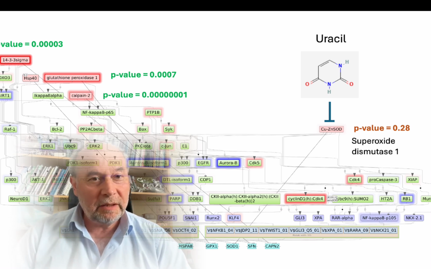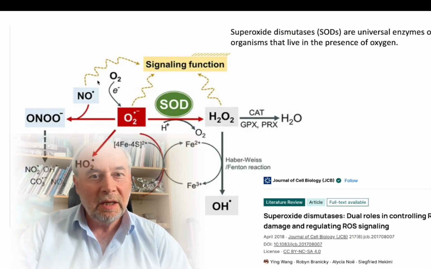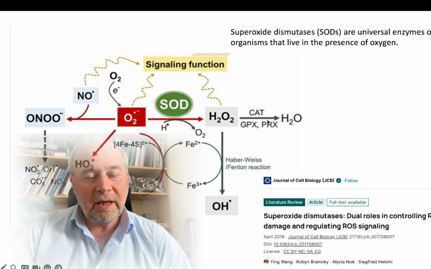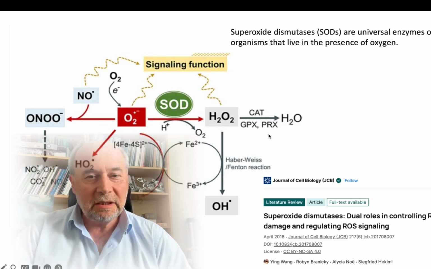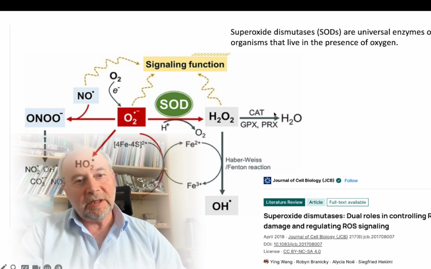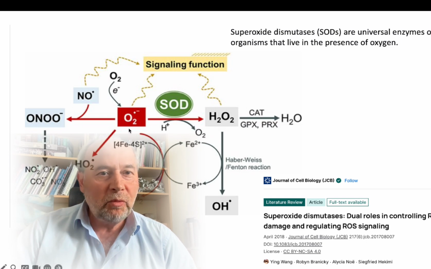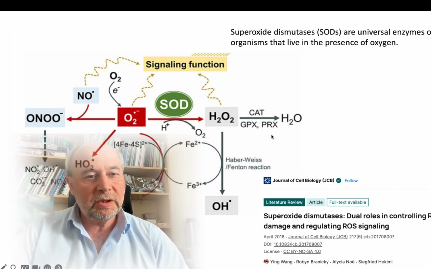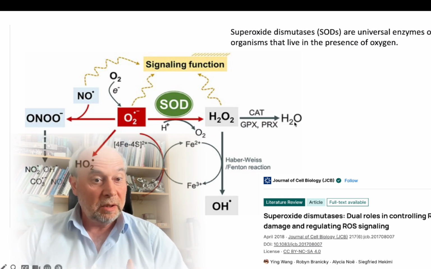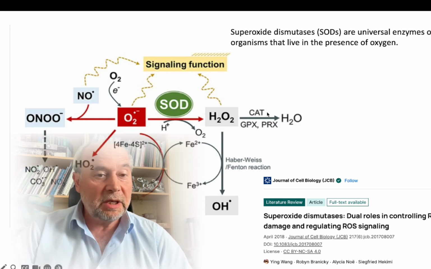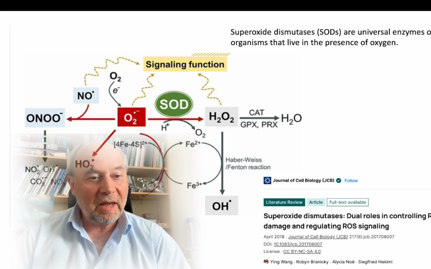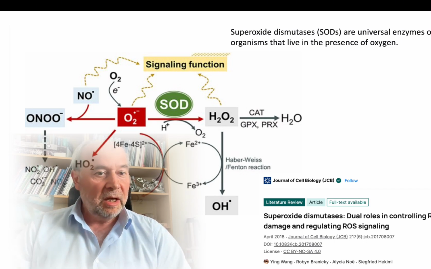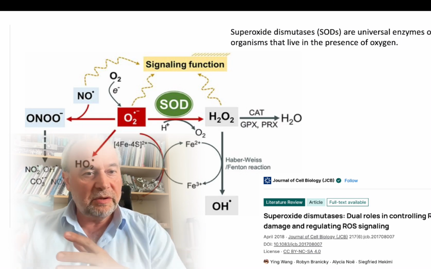Expression of that protein was significantly changed, and you see in this chain of reactions, it's just the second enzyme after SOD1. To remove reactive oxygen species and convert them to water, both reactions are important, and the second reaction is driven by this enzyme, which has elevated expression in the resistant cell line.